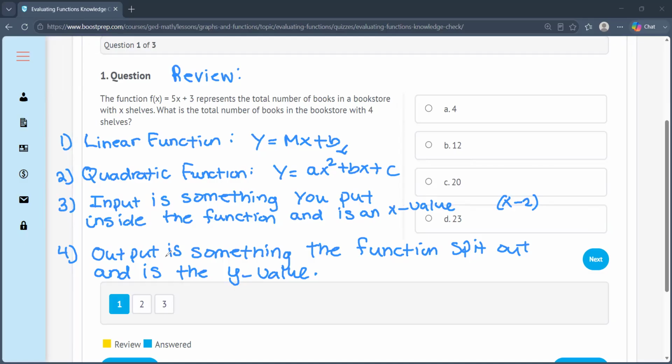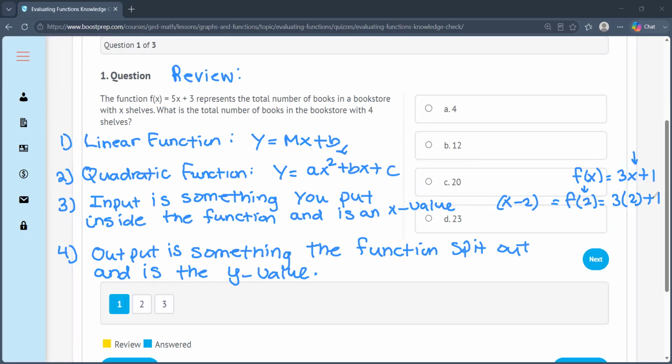Output is something that the function spits out. Let me show you. For example, if your function was f of x equals 3x plus 1, let's make this really simple. An example of an input is something you put inside the function, so for example, f of 2. 2 would be the input and it's an x value. What you're really doing is wherever you see an x, you replace it with that value 2.